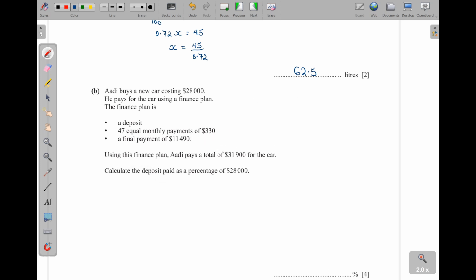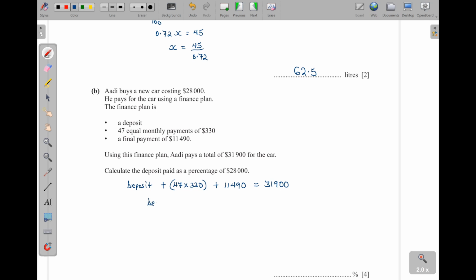Okay, now the amount which is paid is given by the deposit, plus the 47 equal installments of 330. So we shall say 47 times 330, plus 11,490, which is equal to 31900.